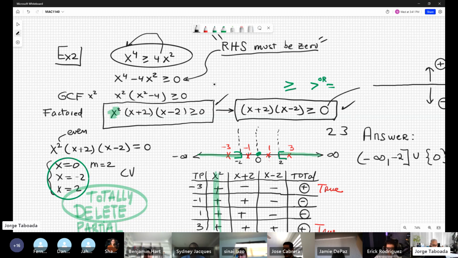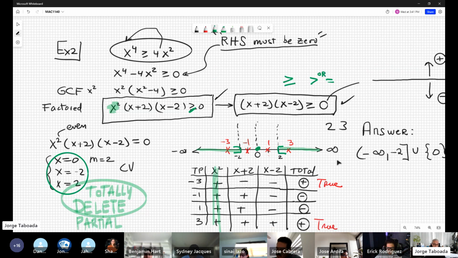Also, you put the brackets because you included the x squared. Absolutely. This sign changed completely the meaning. Look, this equal sign means bracket, and no equal means parentheses.